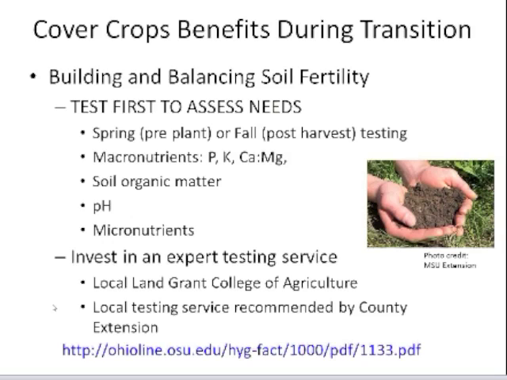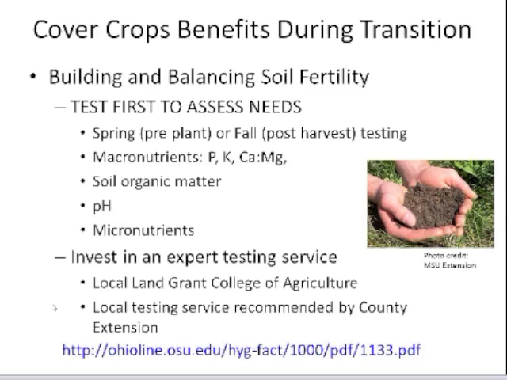With regards to soil fertility, again, if you are transitioning from conventional to organic agriculture, it is an opportune time to assess your needs in a very systematic way. This can be done in the spring prior to planting or the fall post-harvest. The standard battery of macronutrients should be part of that test.